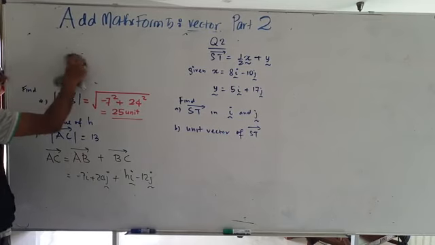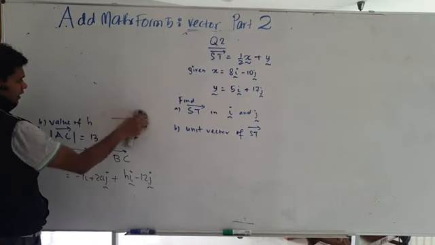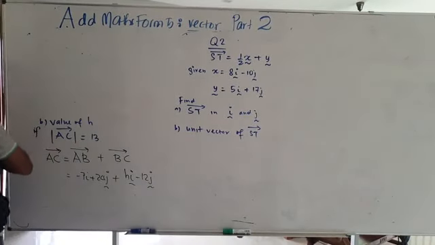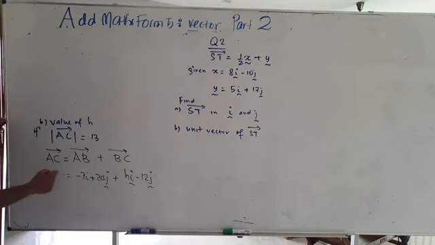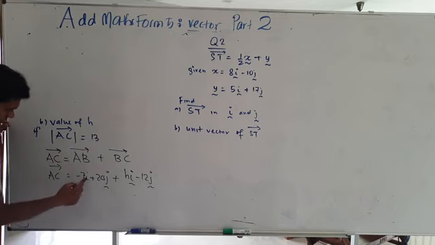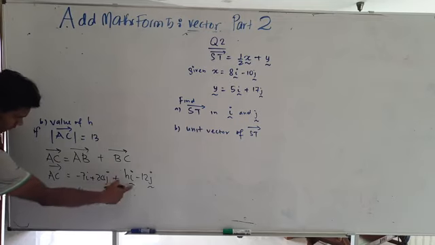I'm going to erase it and write the answers here. So let's try, AC magnitude is given as 13. So let's find AC first. This is AC. So if you add this up, the i and the i is h minus 7i, factorizing the i.